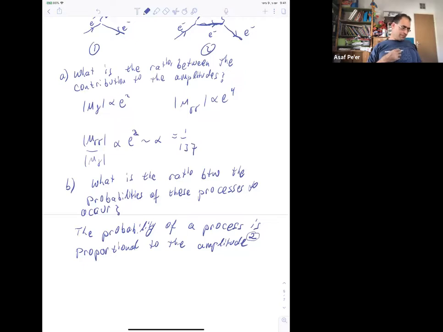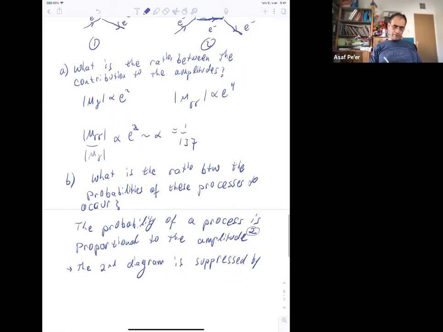So the second diagram is suppressed by a factor which is alpha squared, which is about 10 to the minus 4. So your theoretical prediction would miss at the level of 10 to the minus 4.